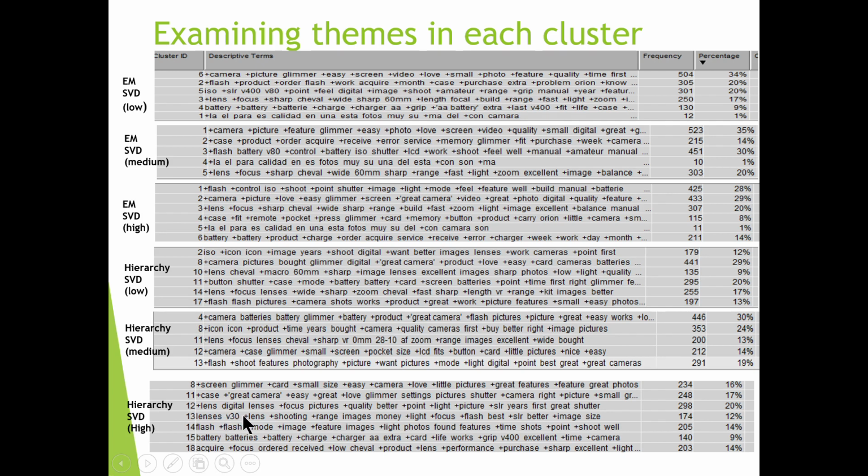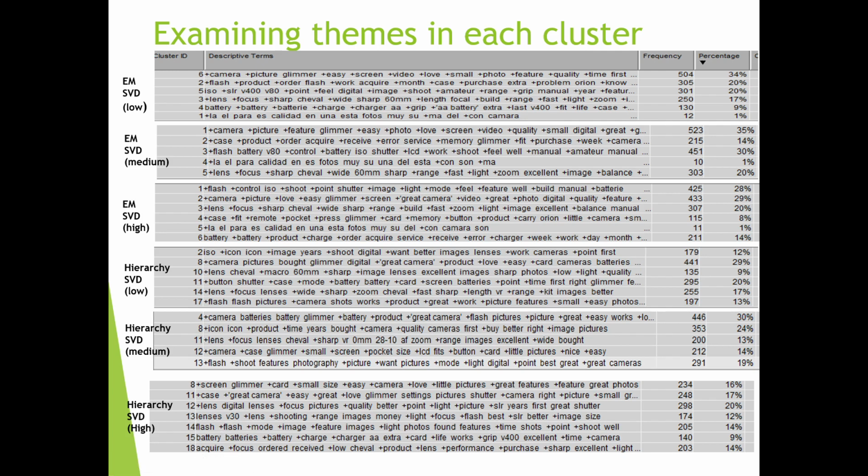Now, the keywords are lenses and lens and so on. So this is probably one of the themes being mentioned by the documents. Remember, the corpus of documents is all the camera reviews.